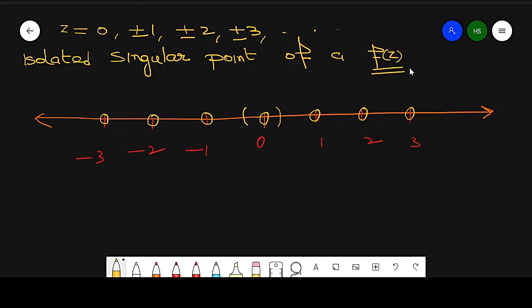That makes the difference between isolated and non-isolated singular points.